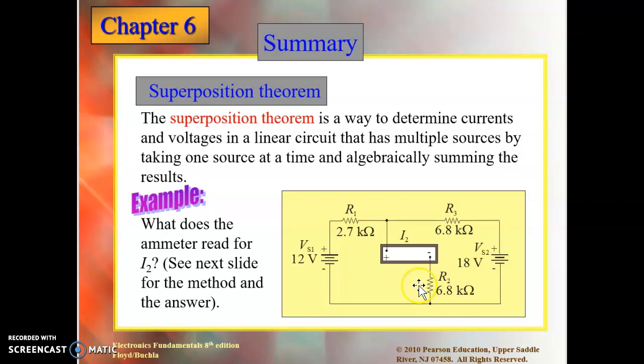So we don't know how they split, how to add them up. So we cannot solve this circuit by just adding these two voltages to a resultant or equivalent voltage. So we have to use superposition, or we have to use different techniques to solve a circuit like this.